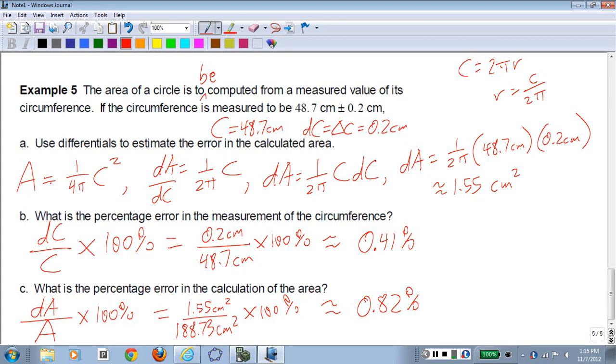I think we can express dA over A in terms of dC over C without having to use too much trickery. Let's see.